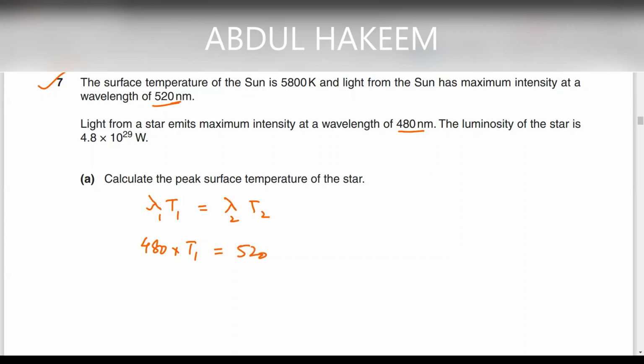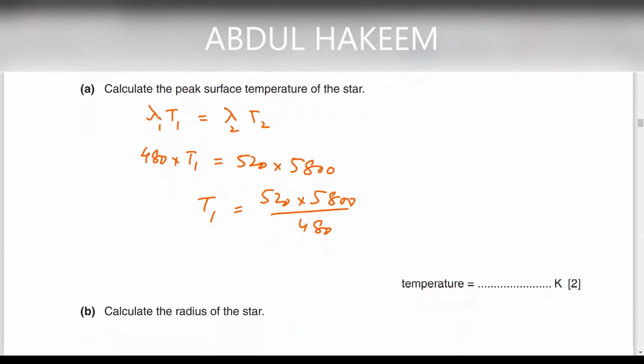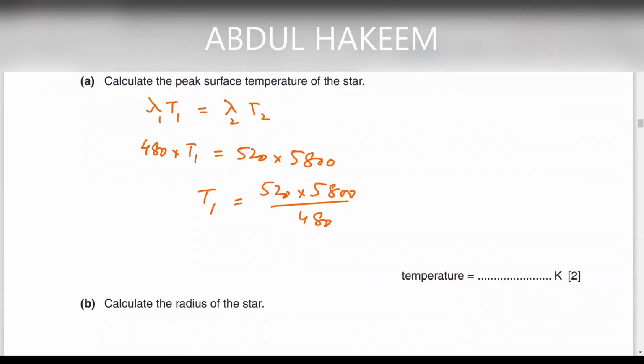The 10 power minus 9 cancels on both sides, so no need to write. And the temperature is 5800. So the temperature will be 520 into 5800 divided by 480. After calculation, the answer is 6,280.